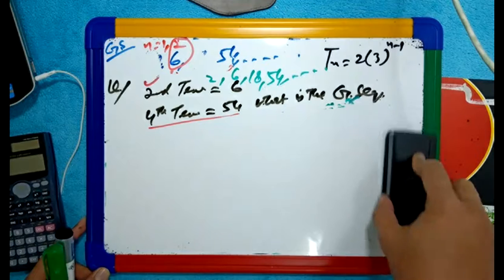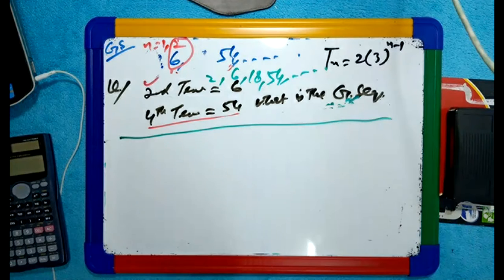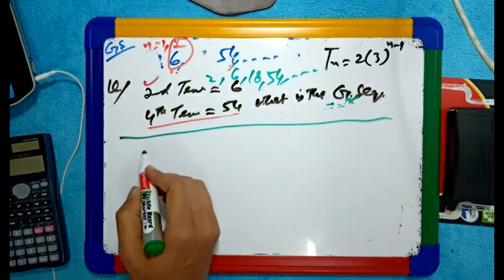One is the sum of the geometric sequence. You have to find the sum, and for the sum there is one formula you have to remember.